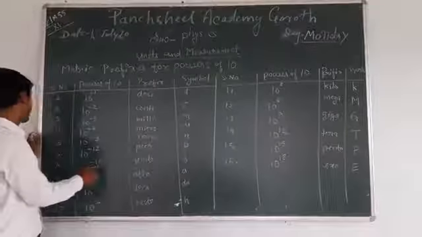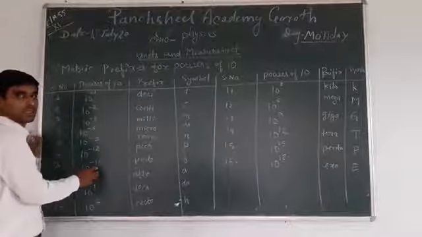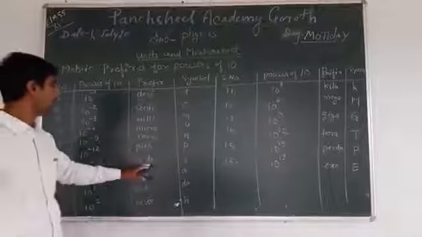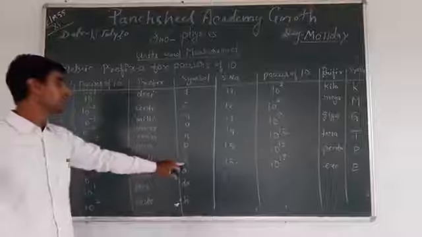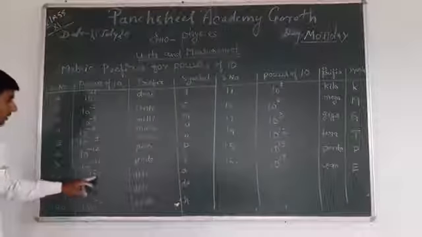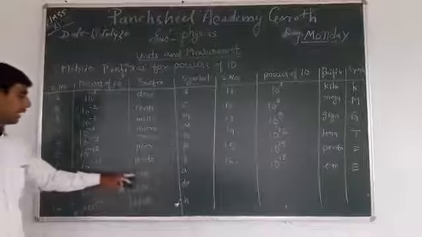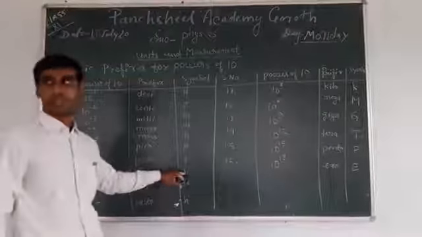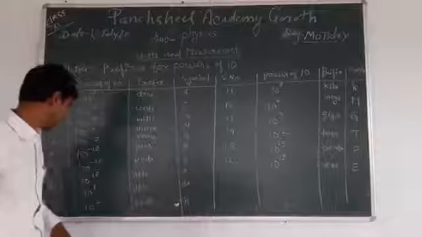10 to the power minus 15, the prefix is femto and symbol small f. 10 to the power minus 18 is atto, symbol small a.